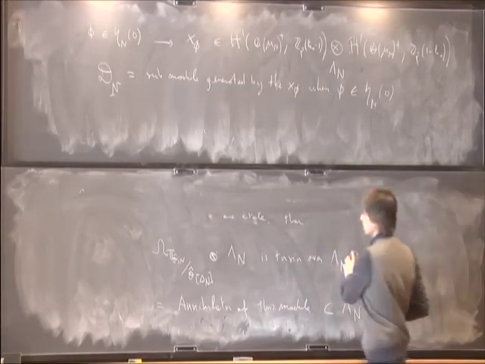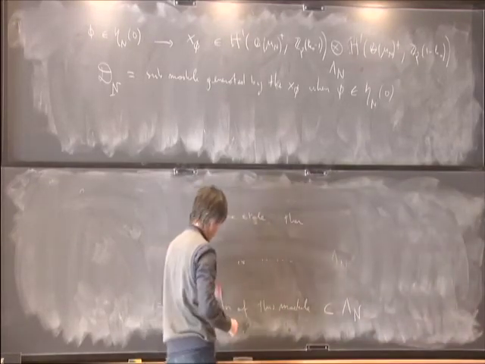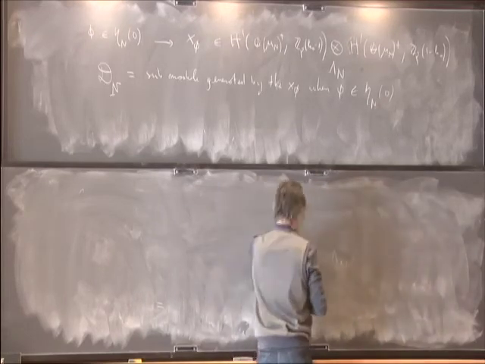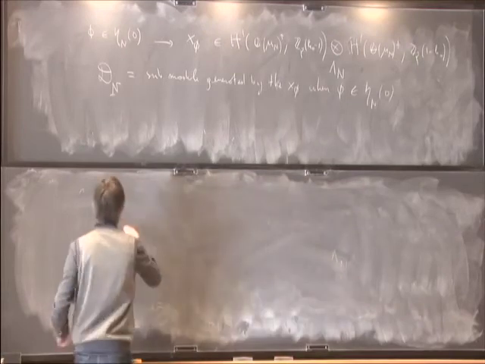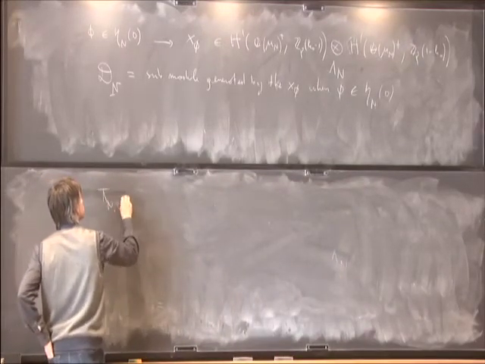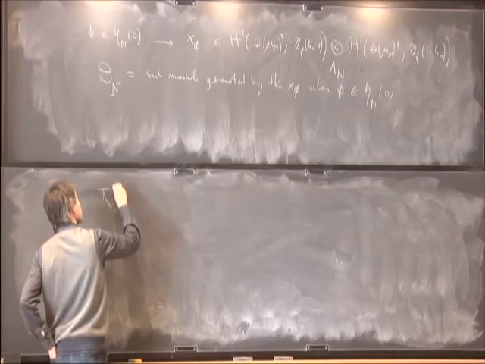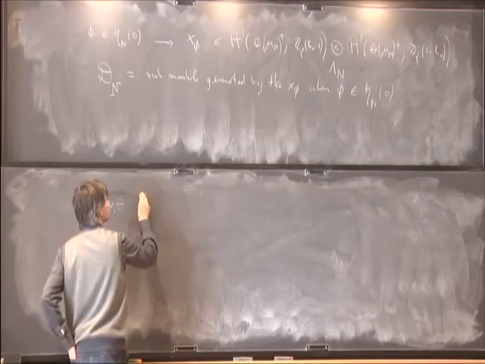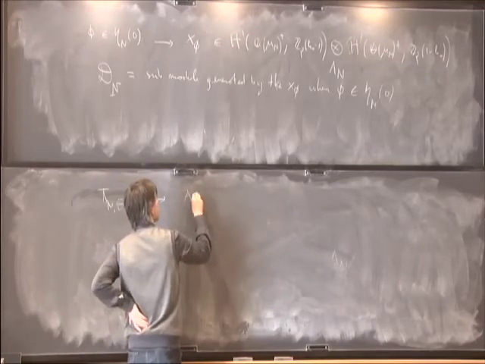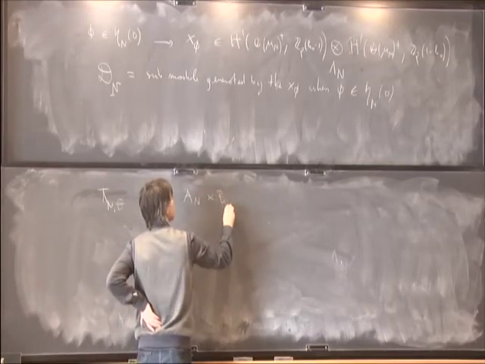I'm going to explain another way to construct this x phi, maybe which is more down to earth. So if you look at Tn hat, you can embed it in a product An cross Bn.